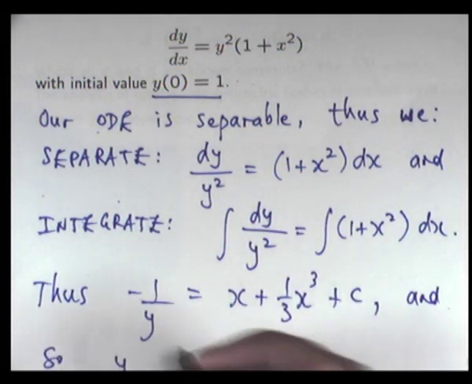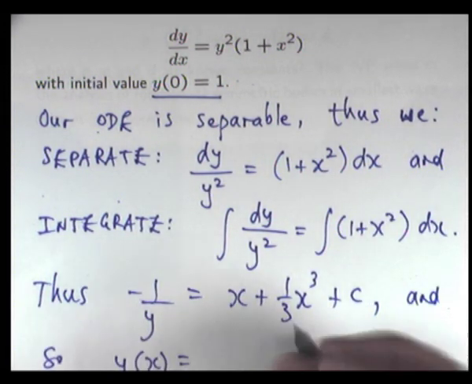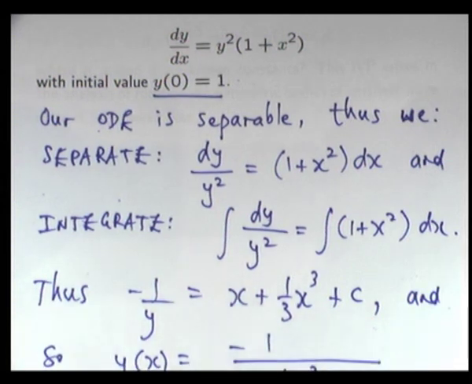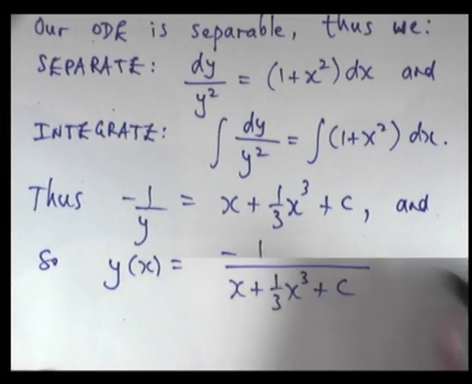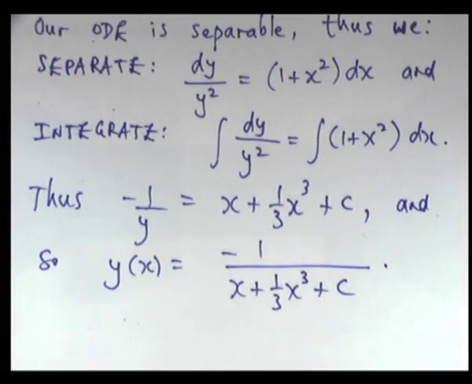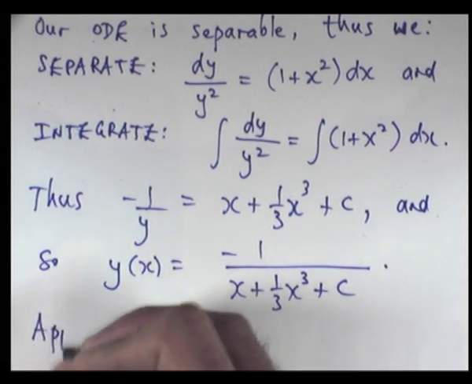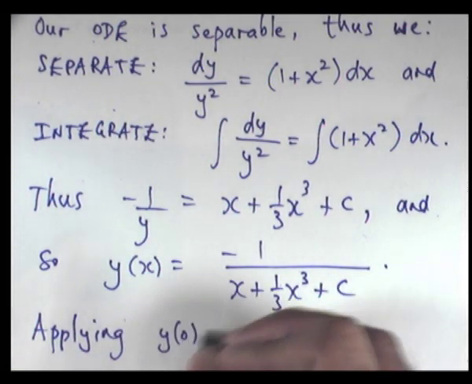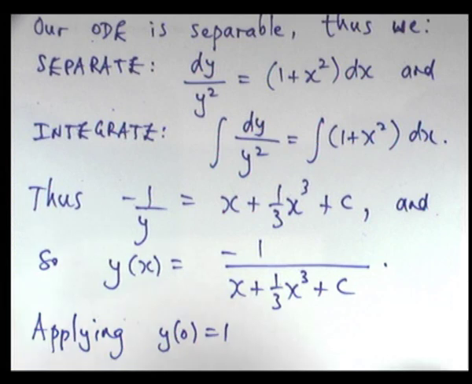So I'm going to rearrange first, to form this. Okay. Now let's apply the initial condition and find this C. So the initial condition is y of 0 equals 1.